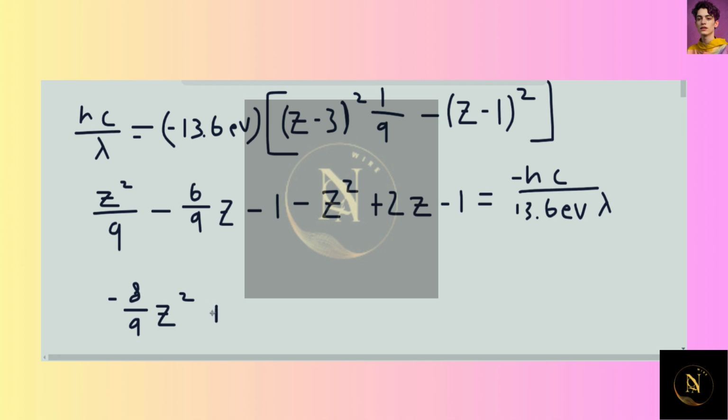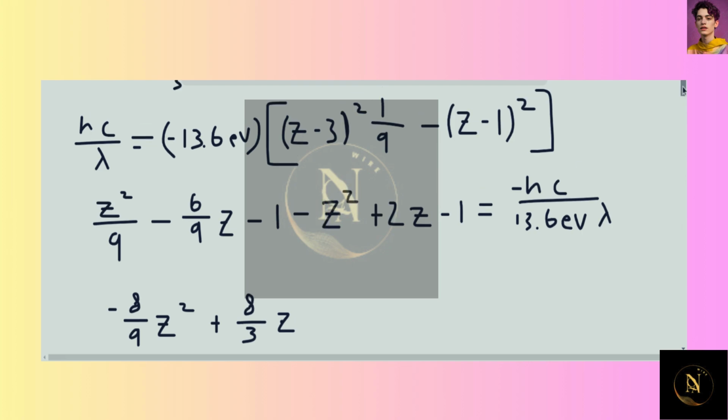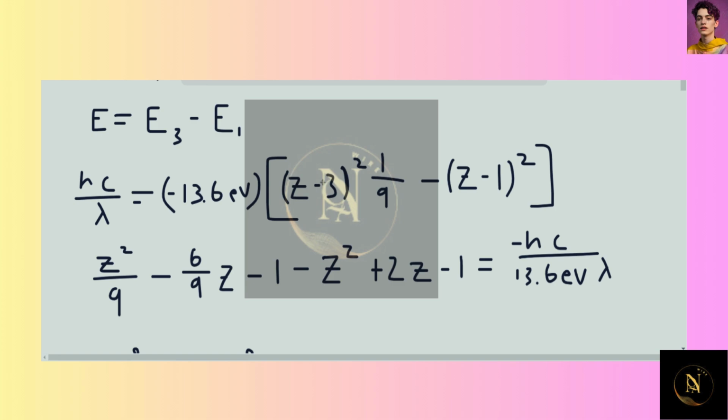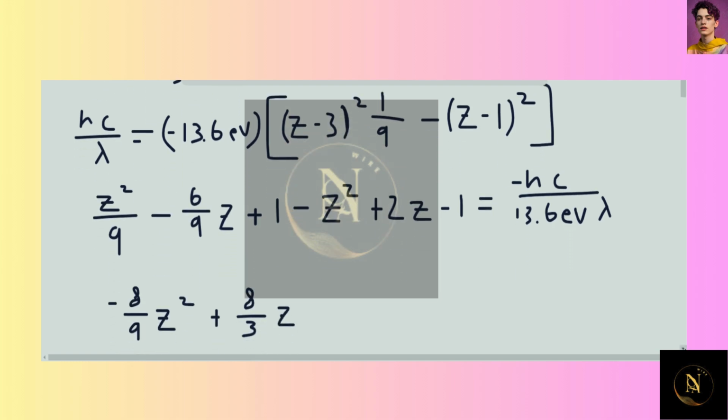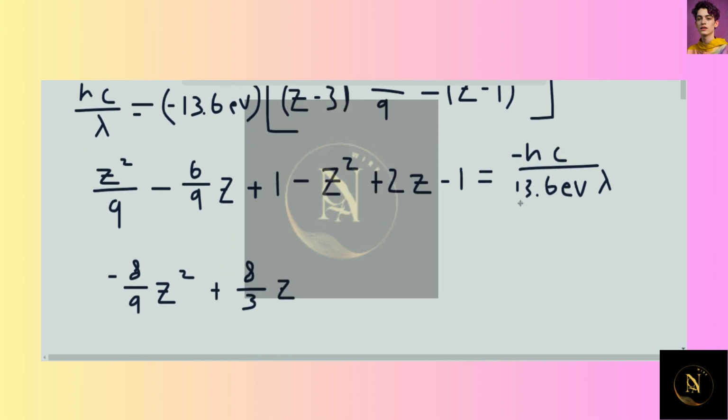Then, excuse me, the constant should be positive 1, because negative 3 times negative 3 is 9, divided by 9. So we have plus 1 and then minus 1, and those cancel out. We still have all of this equal to negative hc divided by 13.6 eV times lambda.